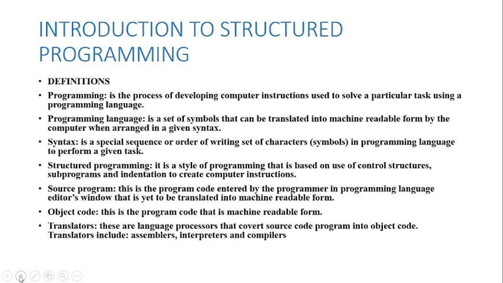What is object code? This is the program code that is in machine readable form. What are translators? These are language processors that convert source code to object code.